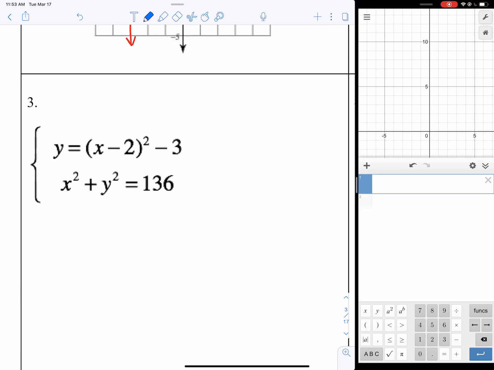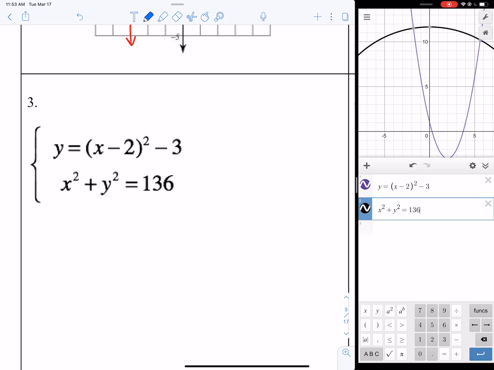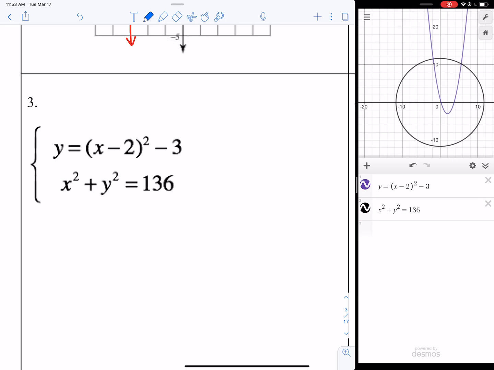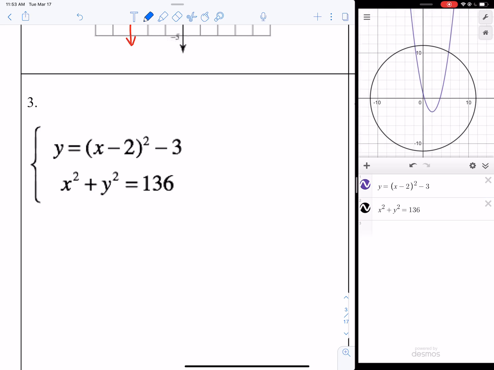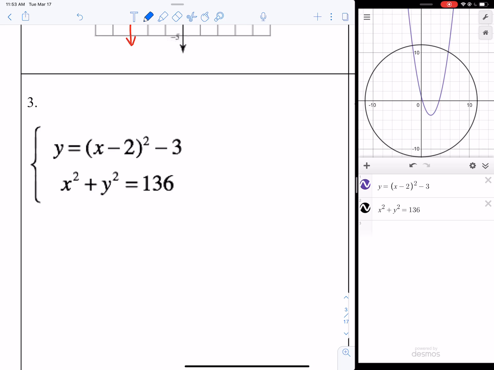So I'm going to type it into Desmos as well. I get y equals x minus 2 squared minus 3, and x squared plus y squared equals 136. So this one, if you zoom out a little bit, you notice is actually a circle and a parabola.